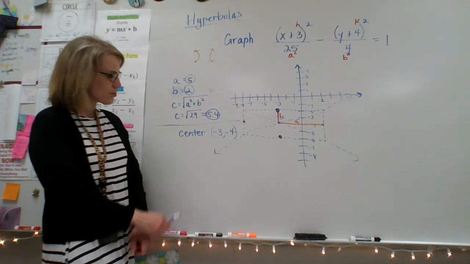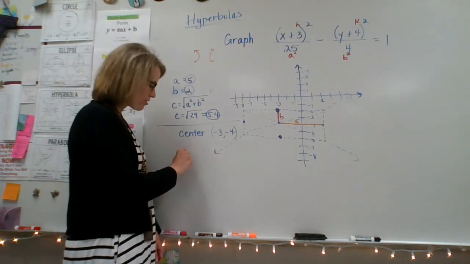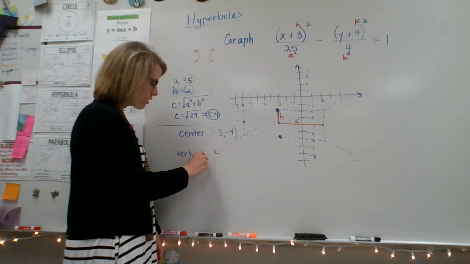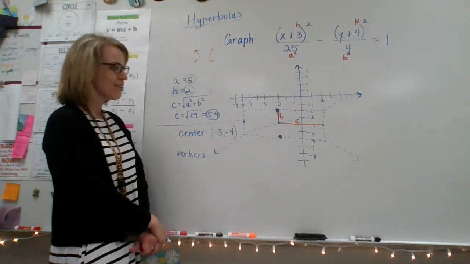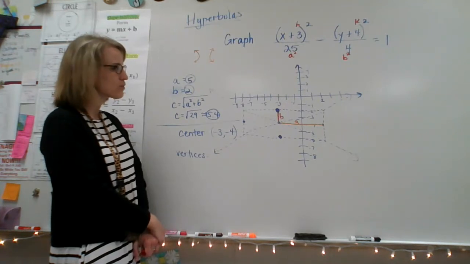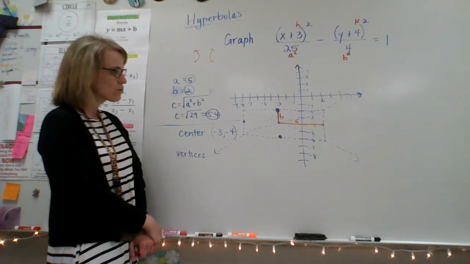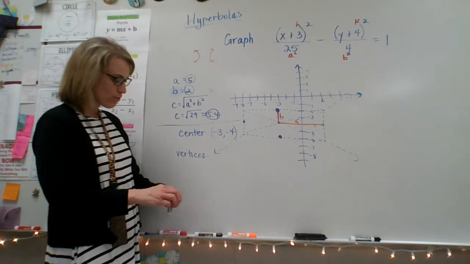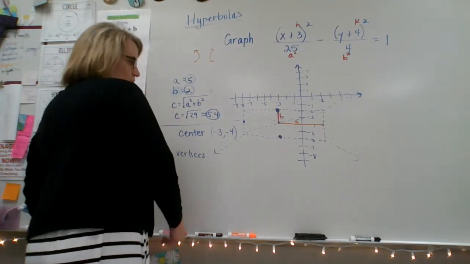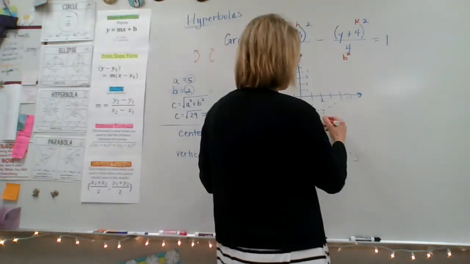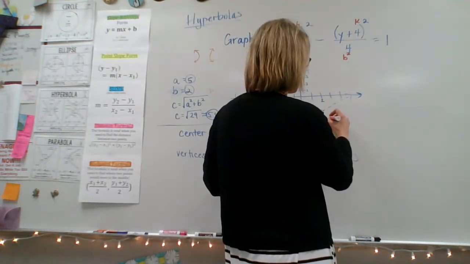So we're ready to actually figure out what the vertices are. Now the vertices will be where A is marked off to the left and the right of your center. So that's where the branches are going to intersect that rectangle. Draw with red here. So here is one of the vertices, and here's one of the branches.